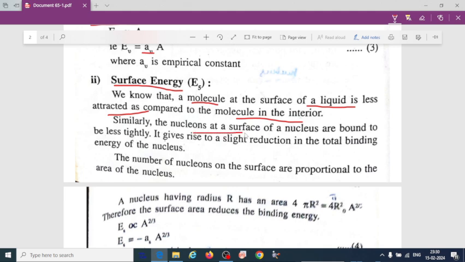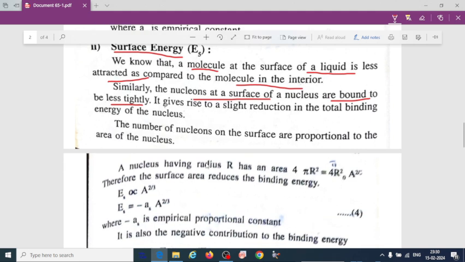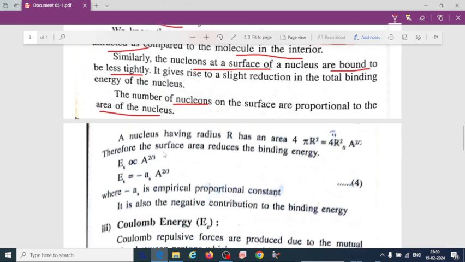So nucleons at the surface of a nucleus are bound less tightly, and the nucleons in the interior are tightly bound. The number of nucleons on the surface is proportional to the area of the nucleus.